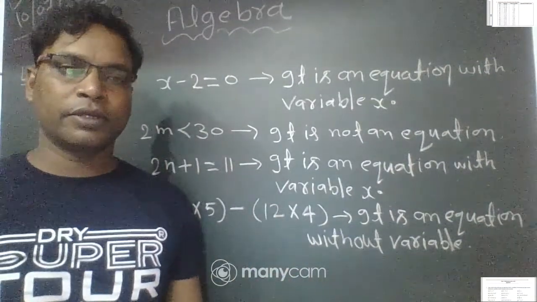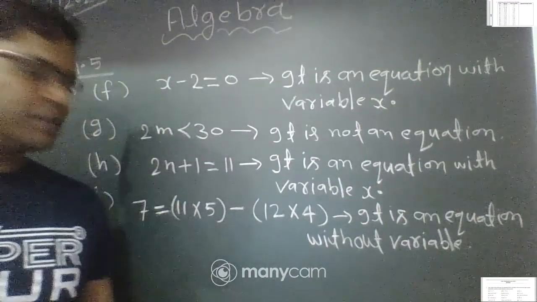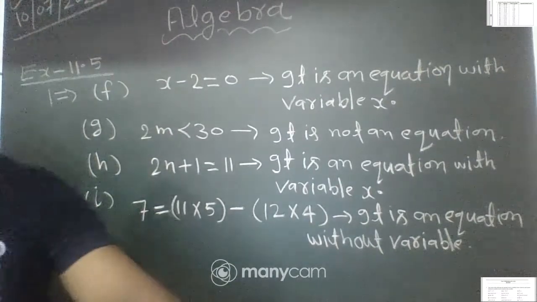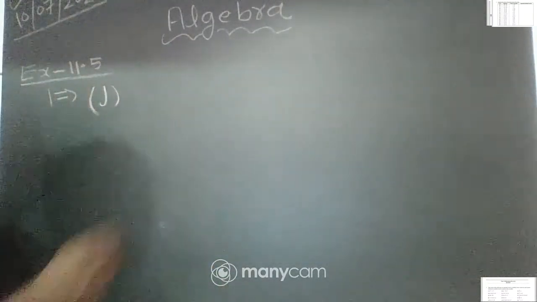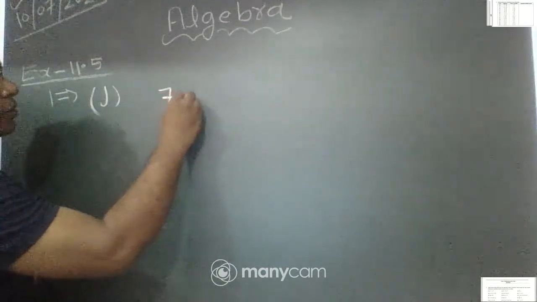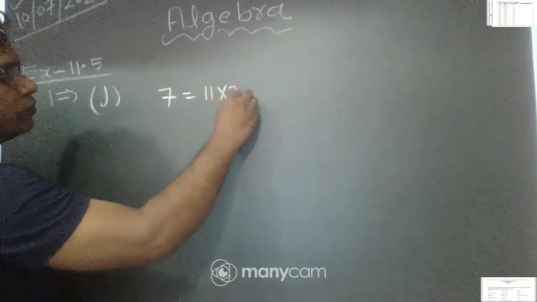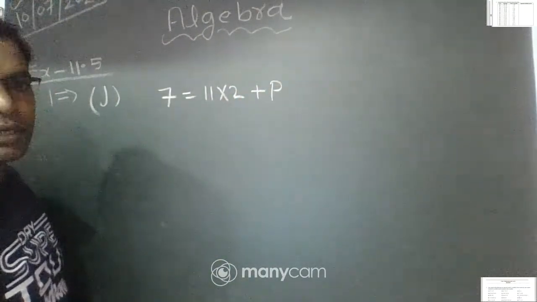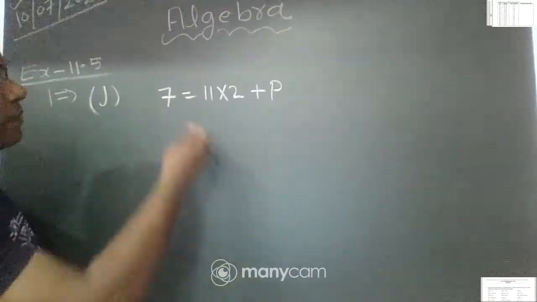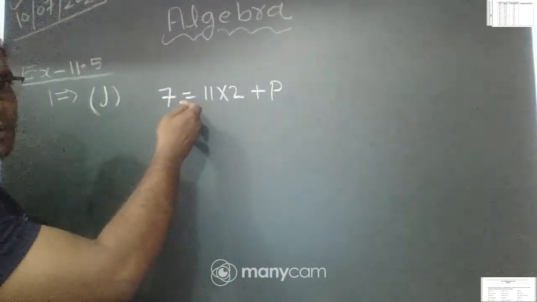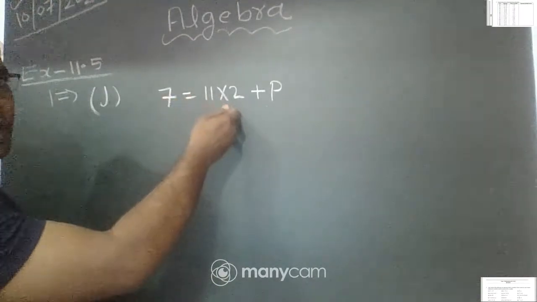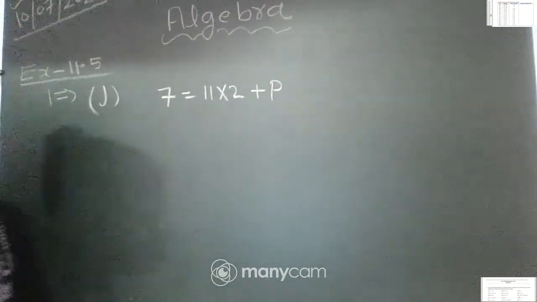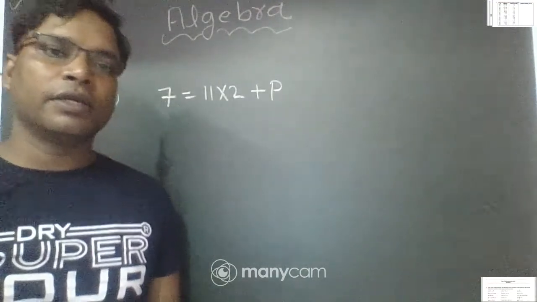Now, next part, this is J part. 7 is equal to 11 into 2 plus p, okay. So this is an equation because you can see here the left hand side is equal to the right hand side. This is the left hand side and this is the right hand side. Both are equal. So you can say this is an equation.